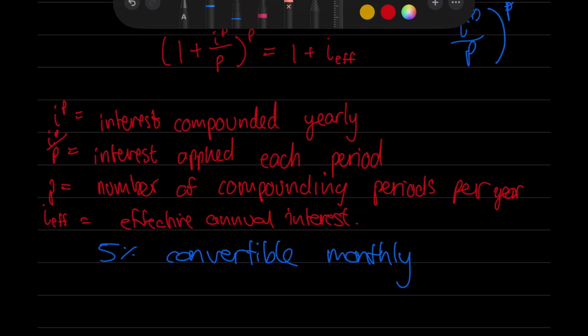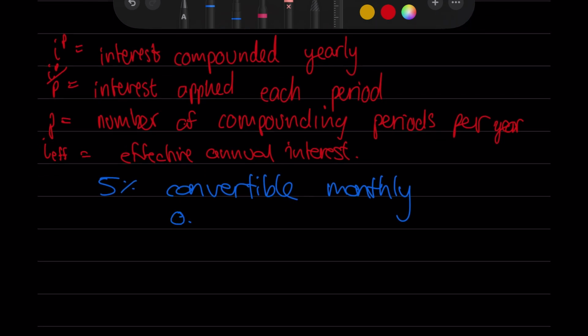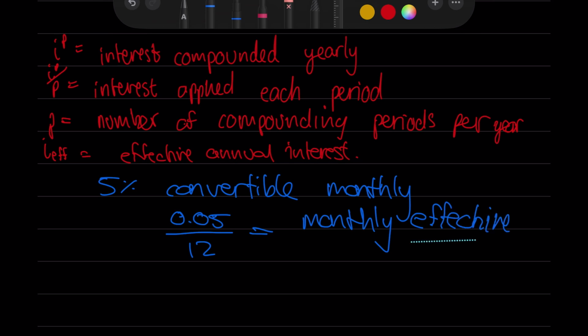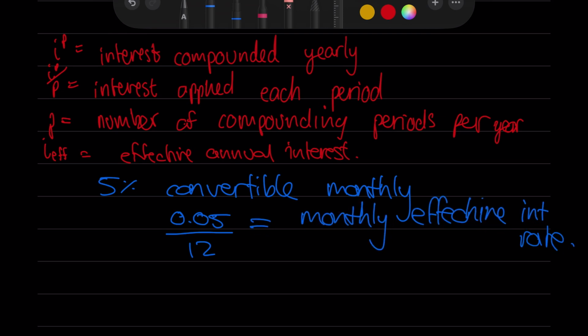So what we're going to do is take your 5%, 0.05, divided by 12, because we know it's monthly. Just by dividing our convertible monthly interest rate by P, we get our monthly effective interest rate.